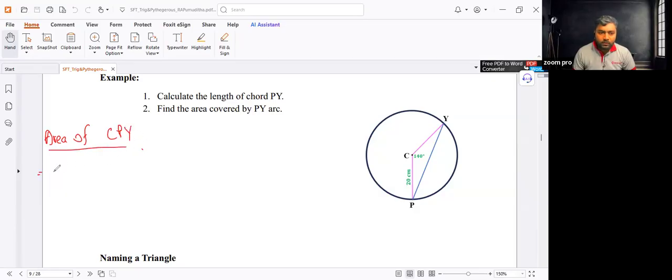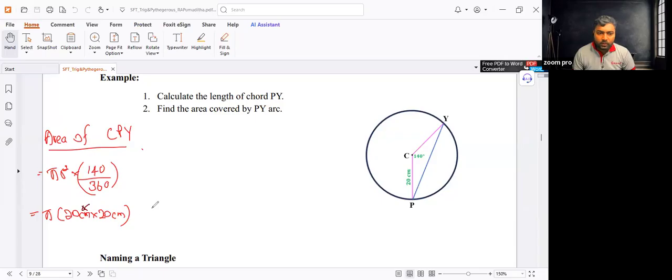How to find that one? Pi r squared into 140 divided by 360. r means 20 centimeter into 20 centimeter. You have to substitute with units, okay? This is very important.